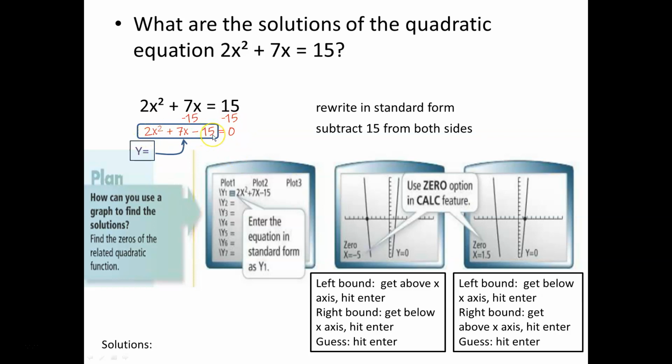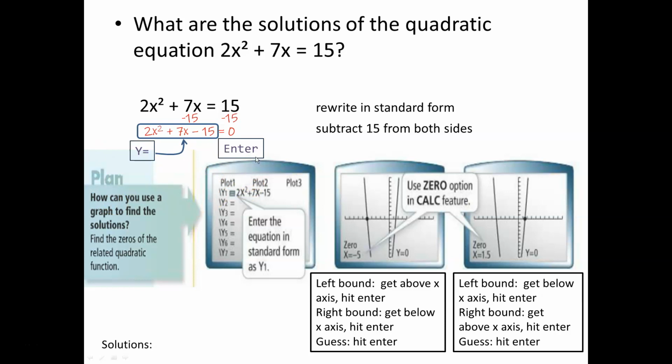So we just want to push this in, and that's that X button. You're going to use the button next to the green alpha button to make your X, like we've done before. Okay, once you've done that, you're going to hit enter.